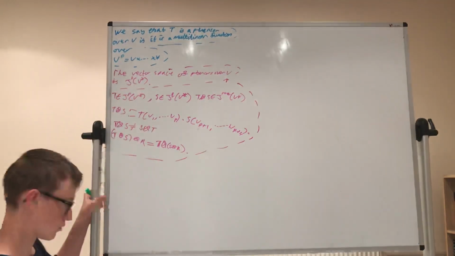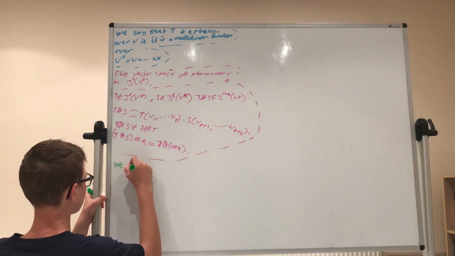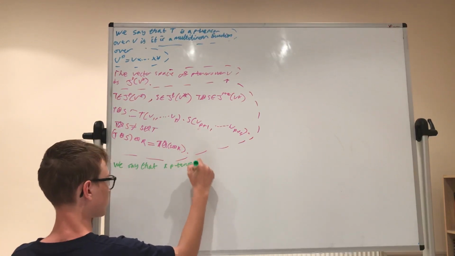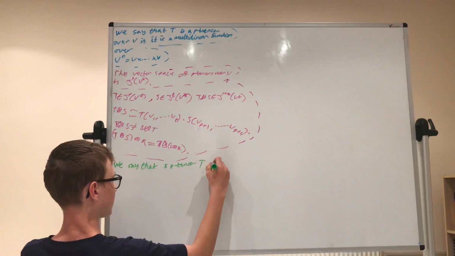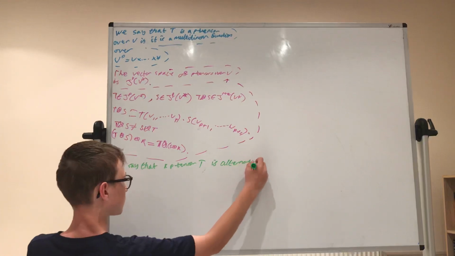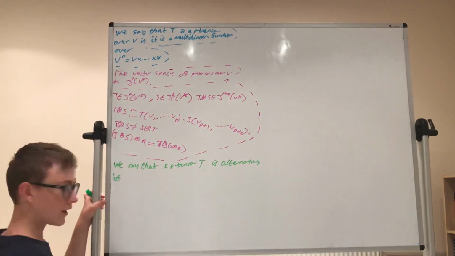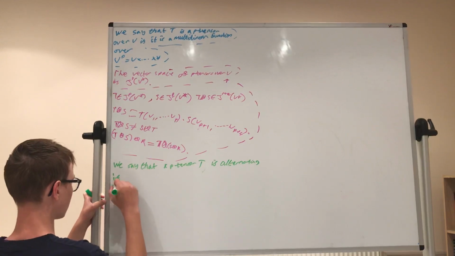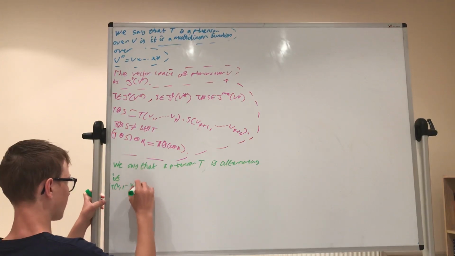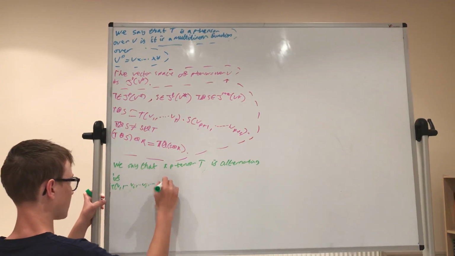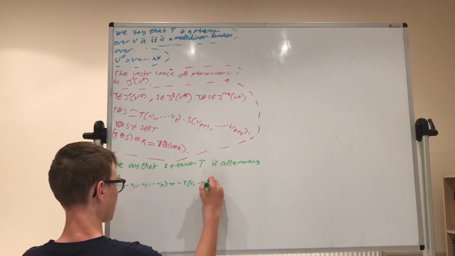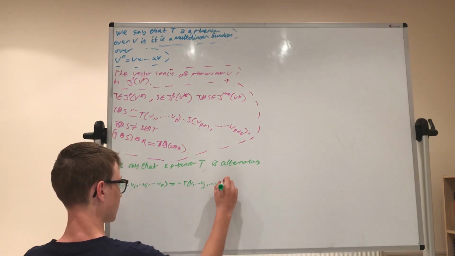So we say that a p-tensor T is alternating if T of v1 up until vi up until vj up until vp is equal to negative T of v1 up until vj up until vi up until vp.